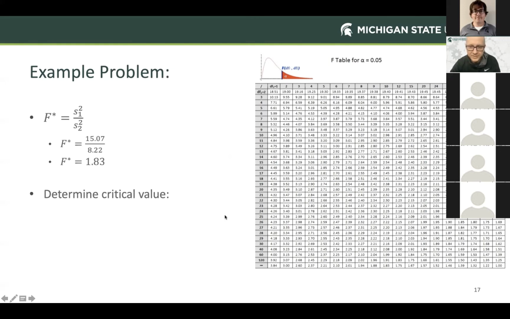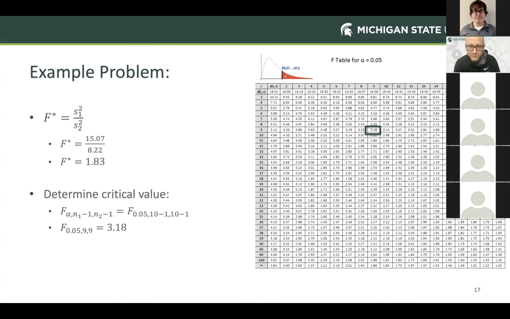Our sample sizes are 10 and 10 in each case, so our corresponding degrees of freedom are 9. We'd read down this column for 9 and across this row. That gives us F 0.05 with 9 numerator and 9 denominator degrees of freedom, or a critical value of 3.18, okay?